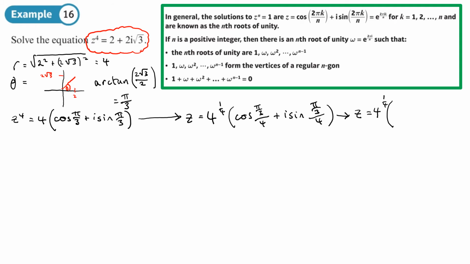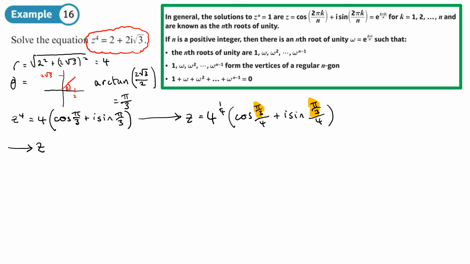The other arguments are going to be pi over 3 plus multiples of 2 pi. So that's going to be 2k pi plus the original argument, all over 4. Now I've just written the argument down, I'm not actually taking the cos of the argument. So I might move on to the next line because I'm not going to have enough space to write it there.